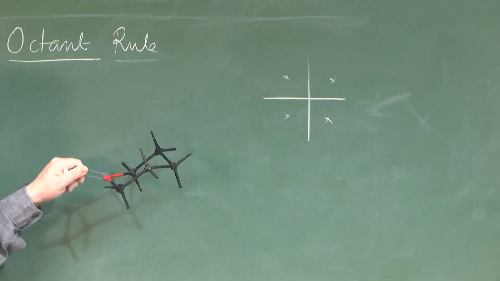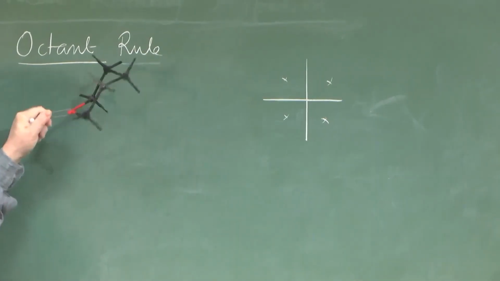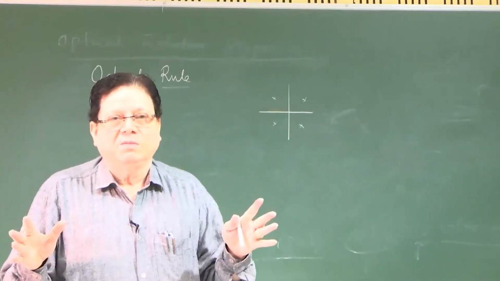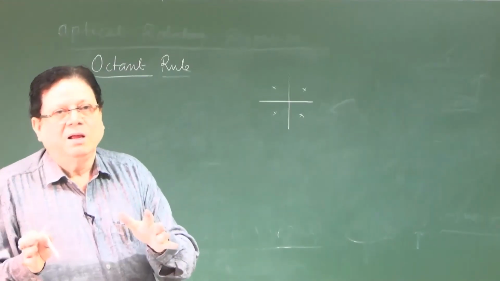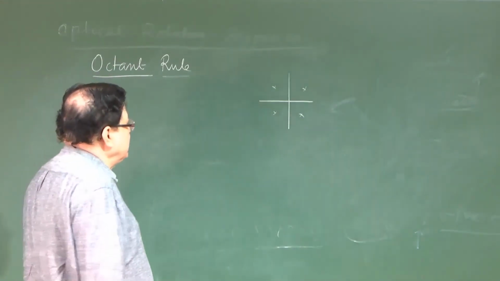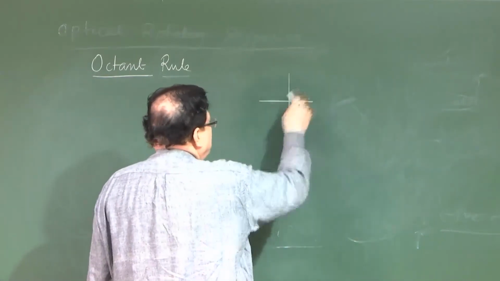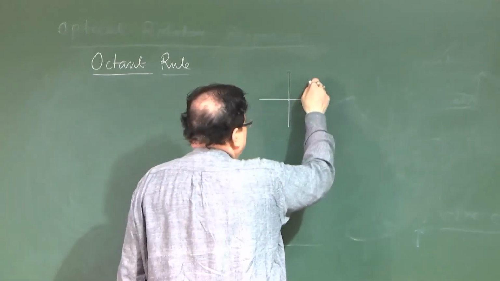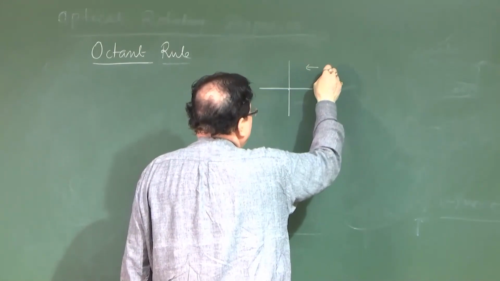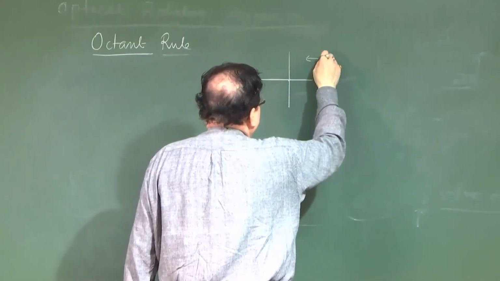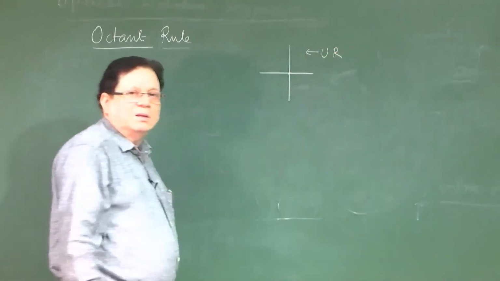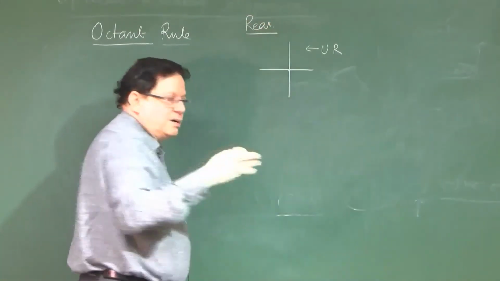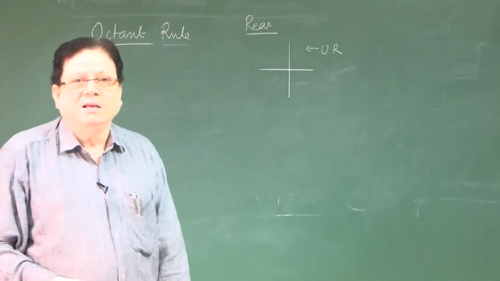So, basically, coming back to the application of the octant rule, first you divide the space around the carbonyl into octants. There are rear octants and front octants. For the rear octants, some substituents will occupy them. The rear octants have to be named. This is what is called upper right. We are considering the rear octants, that means the space at the back side of the carbonyl.